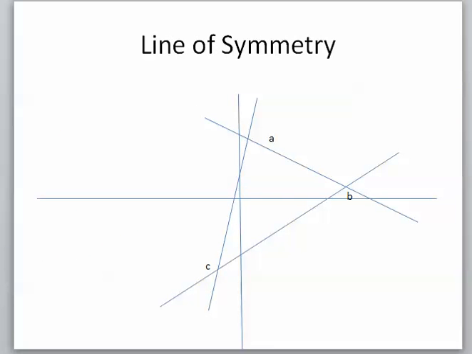Couple more things here in this unit. One of them we talked about symmetry. Symmetry is where I can take something and divide it in half and it folds and lands right on top of itself. Okay? So if I'm looking at these three lines right here and I was trying to decide if this had symmetry, I would have to try to take a line and draw from one point to the opposite side and see if that divided it in half. That would not divide this one in half. So I would not use that as a line of symmetry.